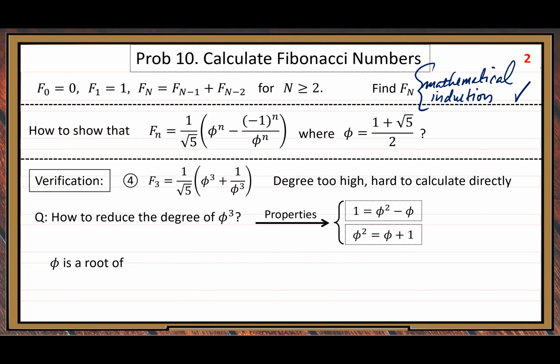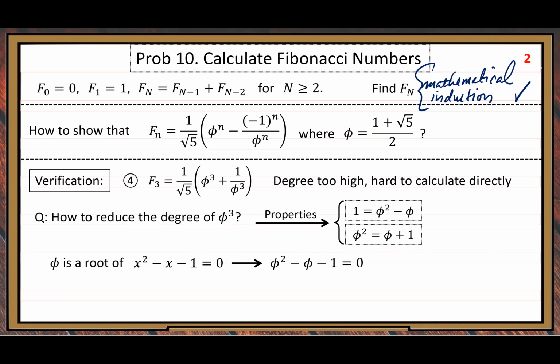We go back to the starting point. We know phi is a root of this quadratic equation, because we solved this quadratic equation to find the golden ratio expression. So if we plug the golden ratio into this quadratic equation, we should get an equality: phi squared minus phi minus 1 equals 0.